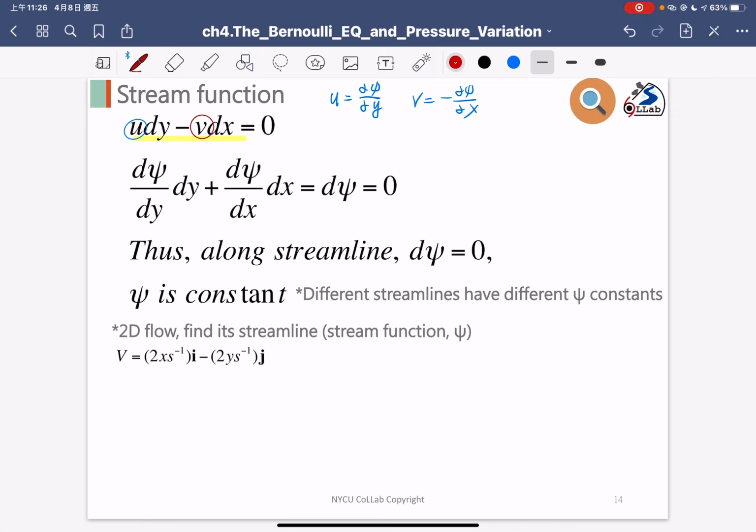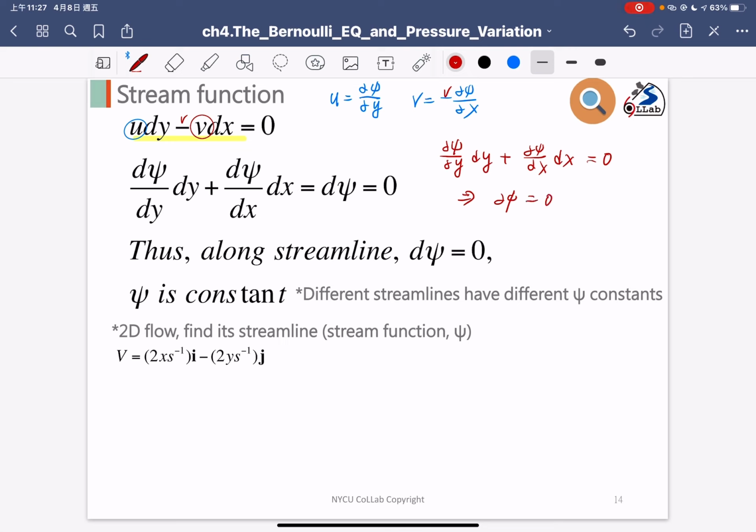So I can rewrite the equation as the partial of the stream function with respect to y times dy, plus the partial of the stream function with respect to x times dx, because there is a minus and a minus again, so it becomes positive. And then it will equal 0. So that indicates the differential of the stream function also equals 0.